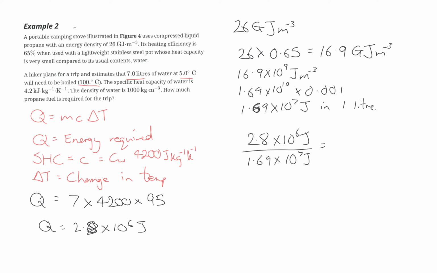So if you put that into the calculator, you find that you need 0.164 litres of propane to give you enough energy to boil 7 litres of water by 95 degrees Celsius. And if we put that into millilitres, that's going to be 164 millilitres.